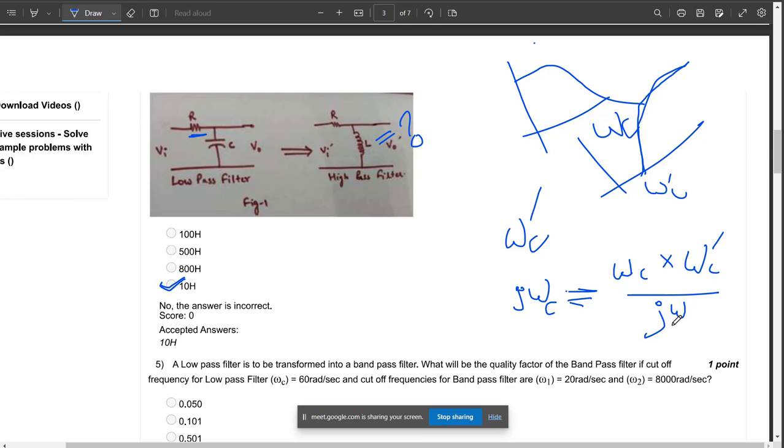What is this omega? No, it is just j omega. So what is this omega here? Here it is not j omega c. On the left side it is not j omega c. It is just j omega.